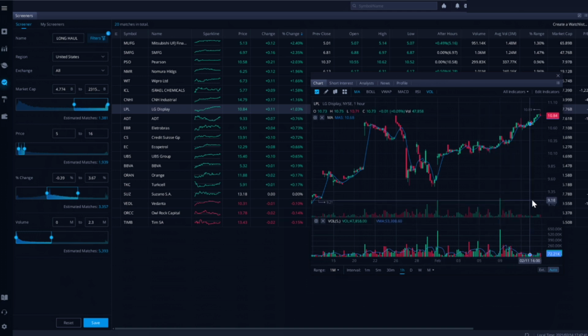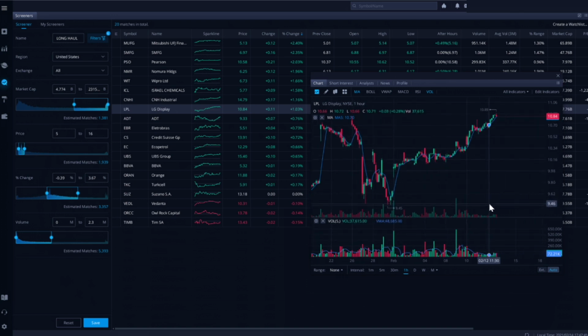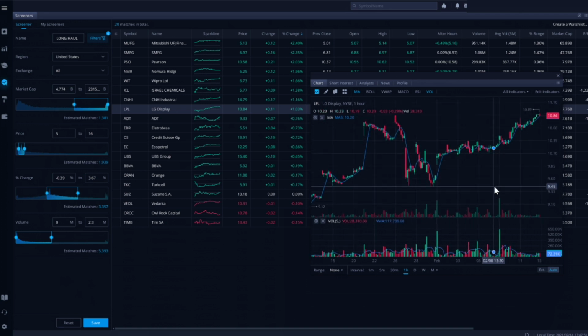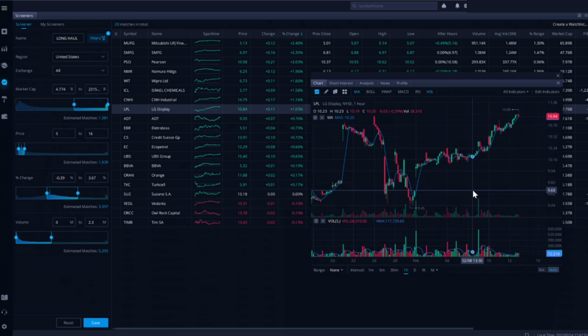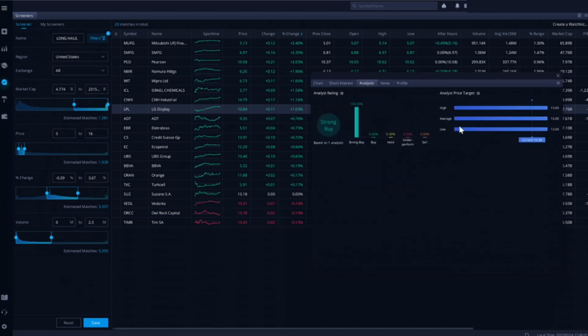No, it did start going up after the news. Honestly, it's not much of a gain, but it is an all-time high, though. LG Display. What do the analysts say on that? I see that it might be a long-term hold, but I don't know.